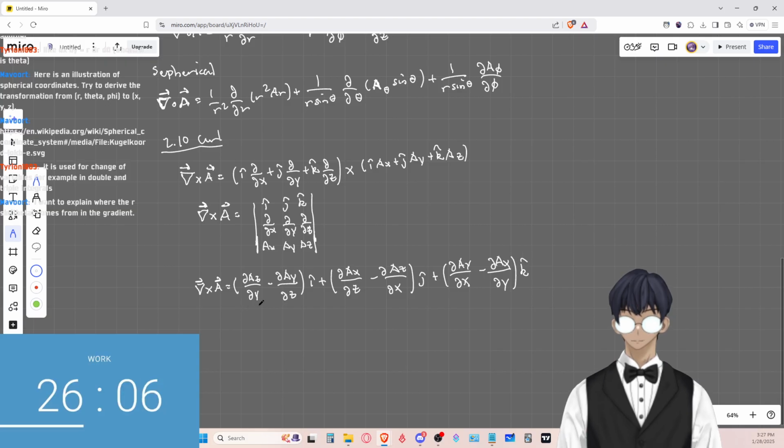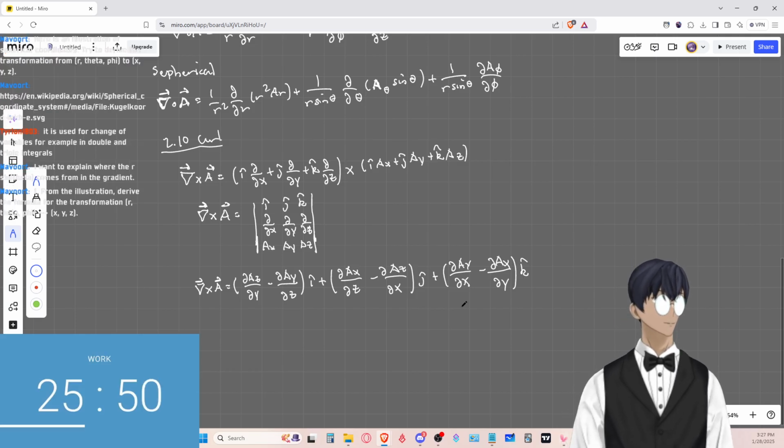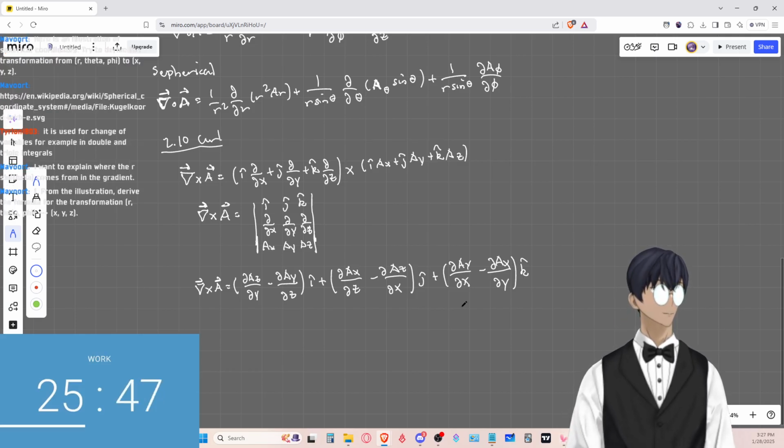So I want to make sure that I write everything right. Right, that's correct. I want to explain where r sine theta comes from, the gradient. Oh, okay. One, from the illustration, derive the formula for the transformation.